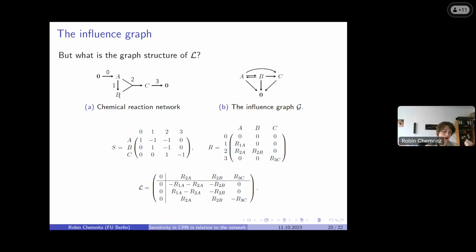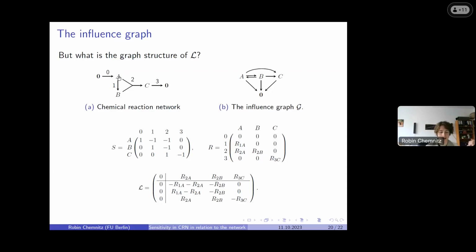But if in the reaction A and B go to C, then A and B will both have an influence on one another and on C. So for every reaction that a reactant is part of, it will have influence on all other nodes. C will have no influence on A and B, as we see here.